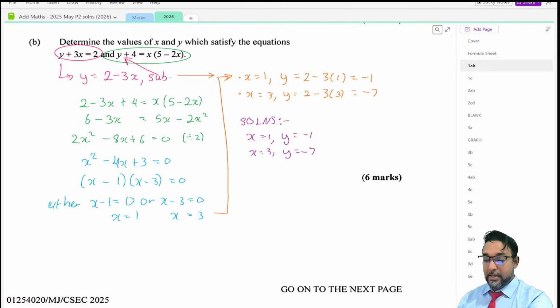I'm not entirely sure how that's 6 marks, but if they want to give us 6 marks for a simple simultaneous. This paper is kind of lengthy, as in they're asking for more. I find the other papers give out more marks for shorter working.